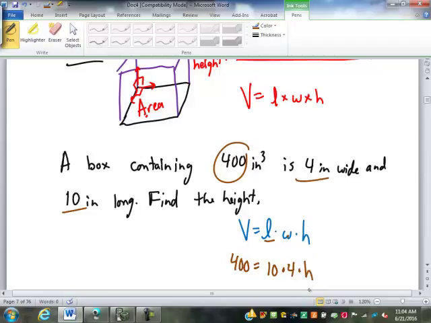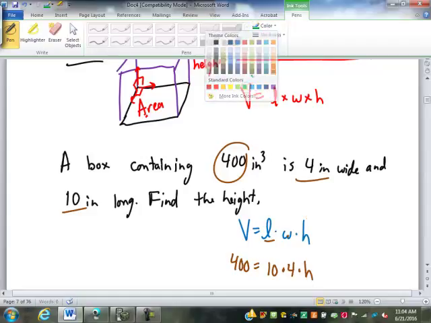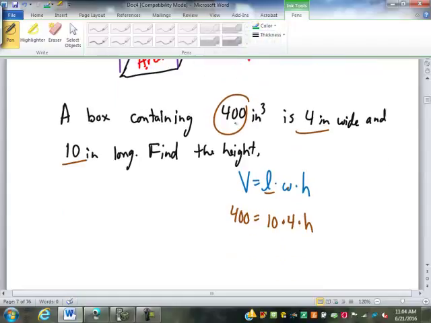No, there's got to be something missing, right? We've got to be looking for something. So I have that equation: 400 equals 10 times 4 times h. What do I have to do first? Combine the 10 times 4. 10 times 4 is 40. So that's 40 times h, or 40h.